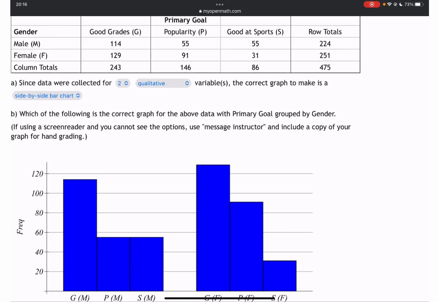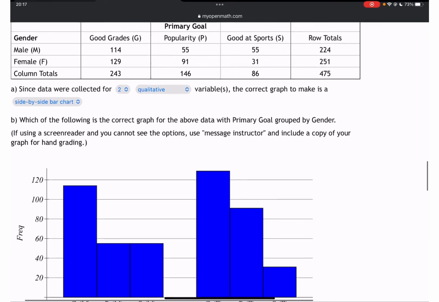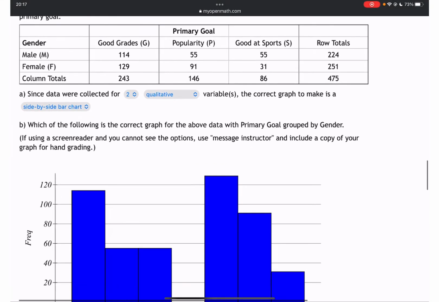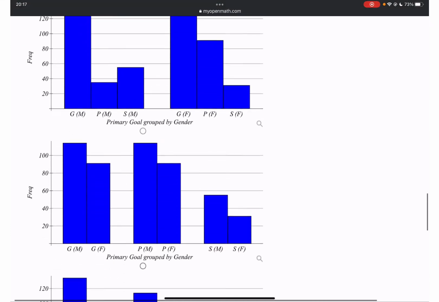Oh no, I'm sorry, I'm looking at the total and I'm wondering why it is not working. So 129 and then 91, that's right, the second column is 91, and then good at sport 86. Again looking at the total column, sorry, kind of tired. 31, that's right, and here we have 31. So bingo, this is going to be our answer.